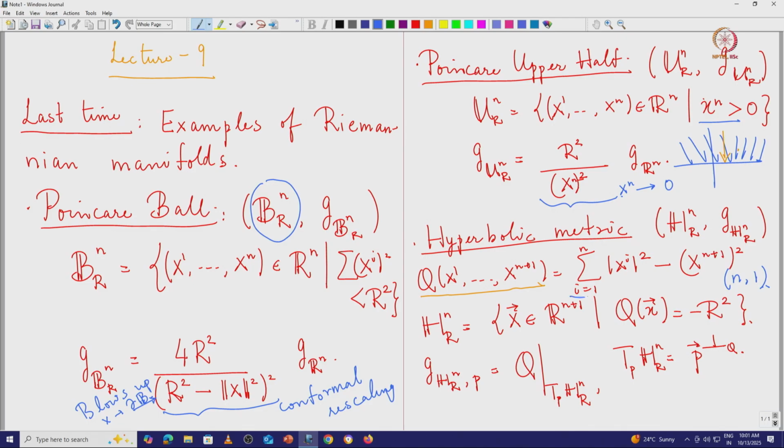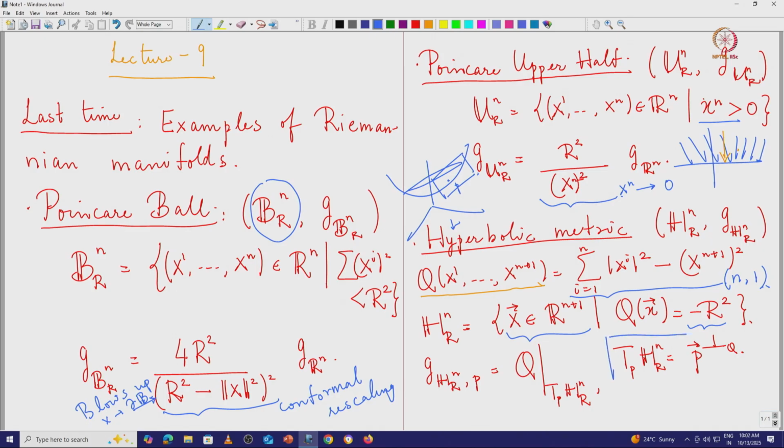So explicitly it's given simply by this formula, and then you consider the hyperboloid, which is basically the set of all vectors in Rn plus 1 such that the quadratic form takes the value negative r squared. Okay, so the picture here will be something like this. It will be a hyperboloid. Then you take any point P on the hyperboloid and you look at the tangent space of that point.